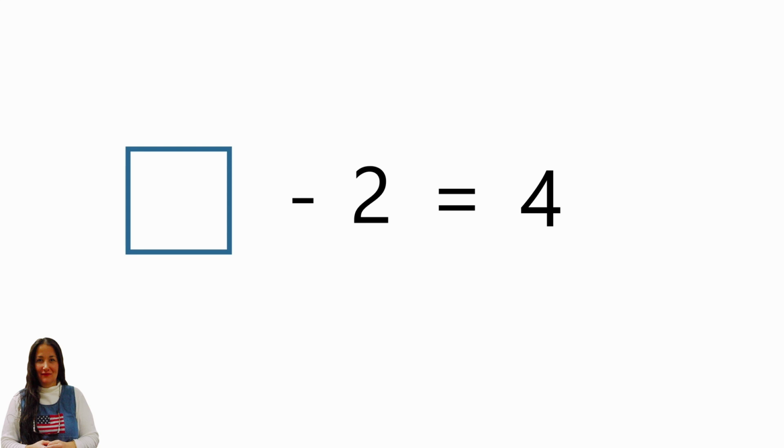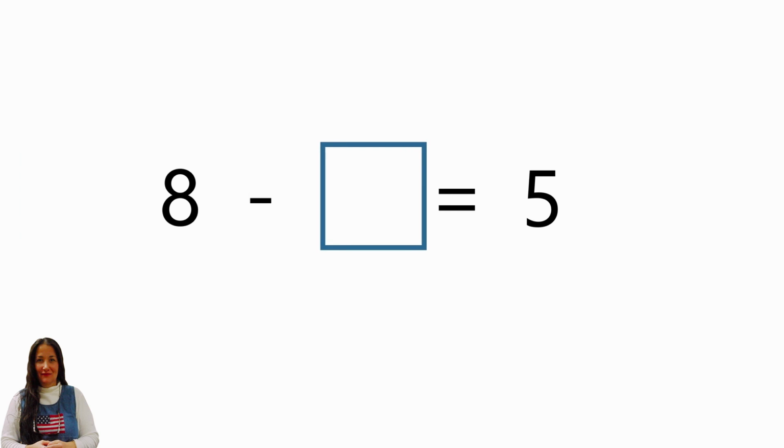The way we can figure this problem out is we can add. We know it's 6 because we took 2 plus 4 and we got 6. That's an inverse operation. Or if you take 2 away from 6, you get 4.